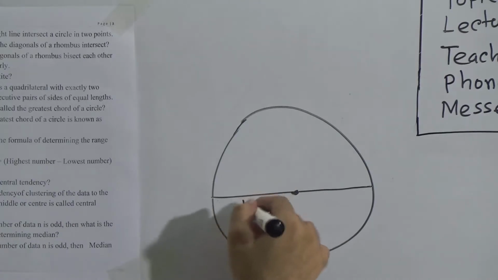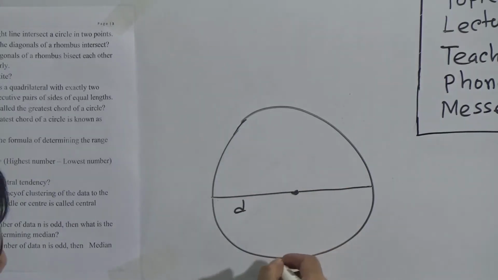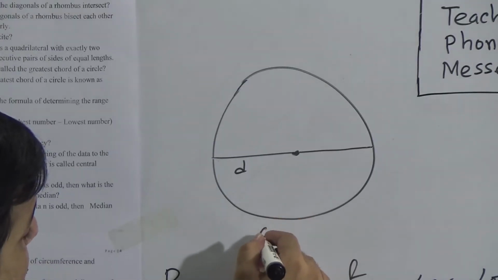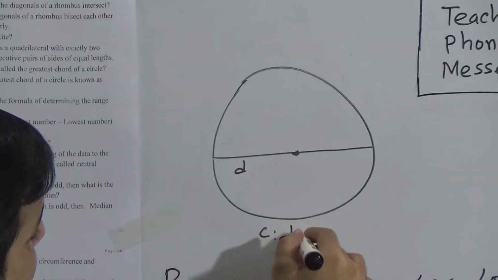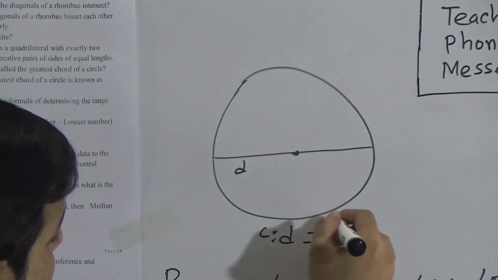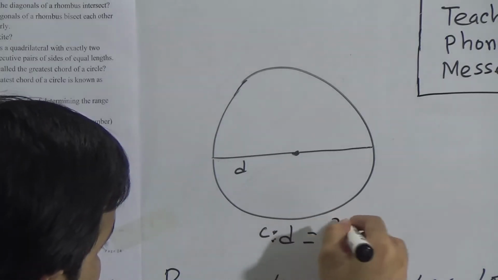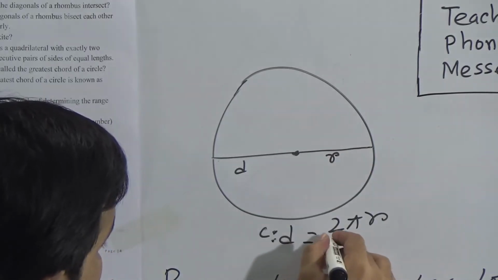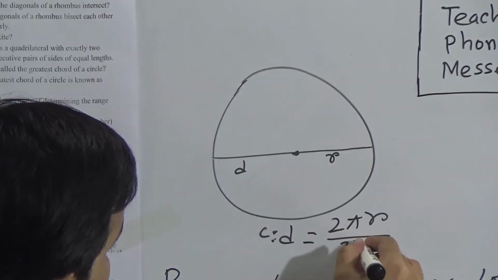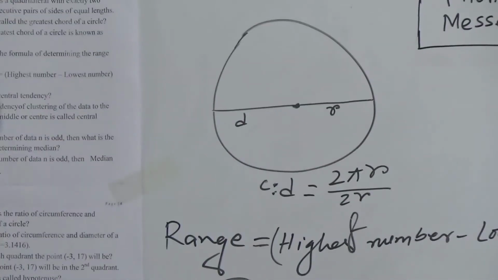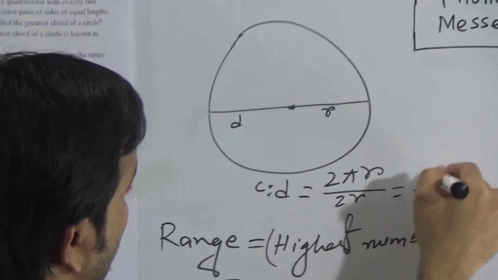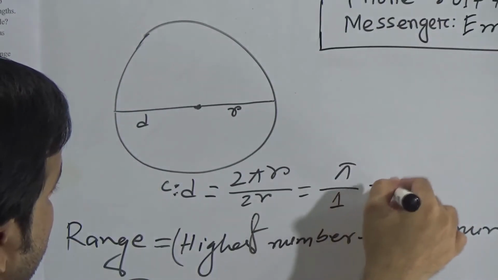Diameter if we write as d, and circumference if we write c, so their ratio will be c ratio d. Dear students, we know the formula of circumference is 2 pi r, where the radius of the circle is r, and diameter is 2r. So if we use the formula here, we will get only pi by 1. It means that it is pi.